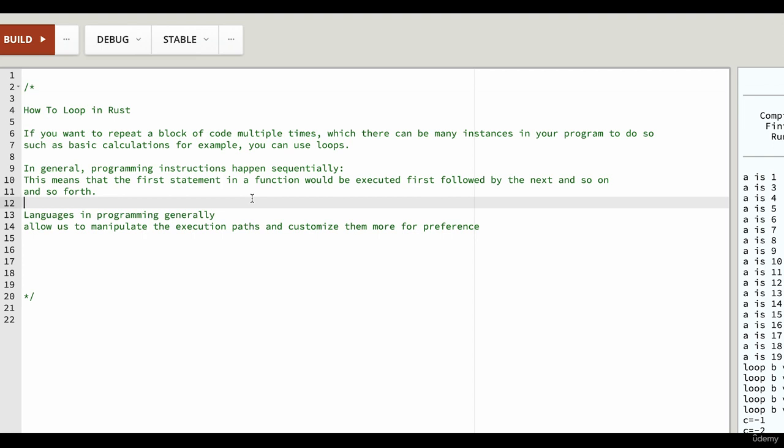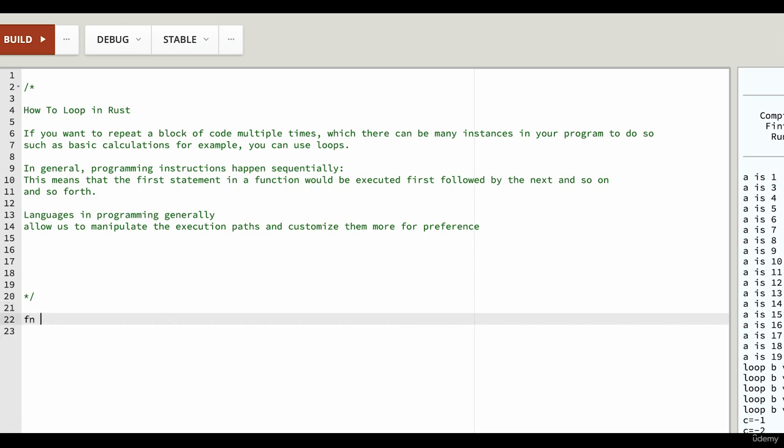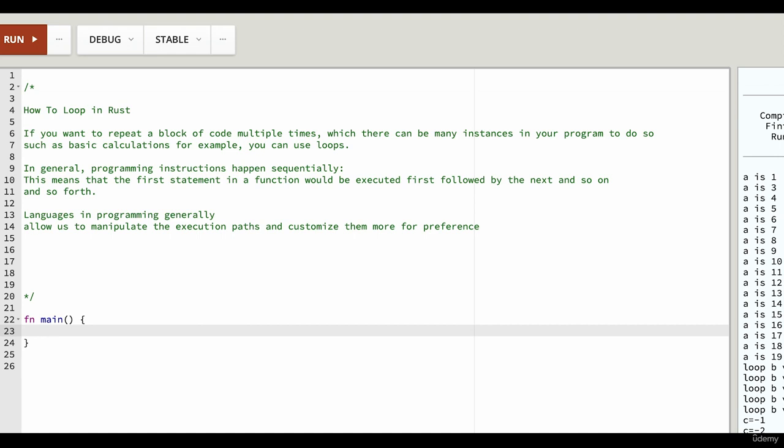We haven't really covered functions so deeply besides writing them out, but generally in programming, whatever you write first is going to happen first in the function, and then the next thing, and then the next thing, sequentially happening one at a time. Instructions are executed one at a time, first followed by the next.